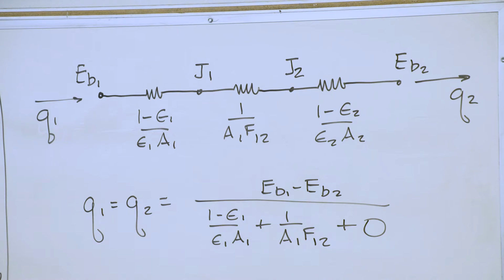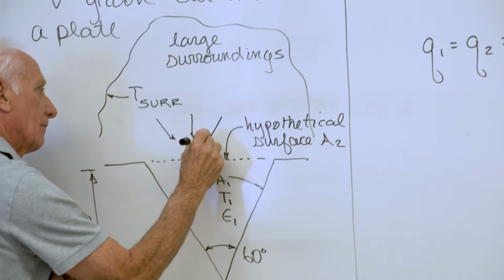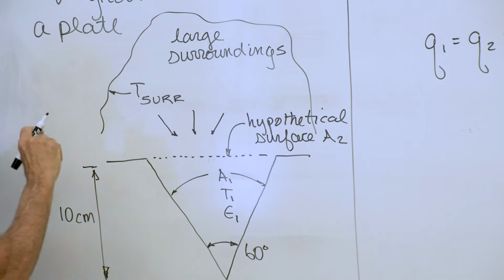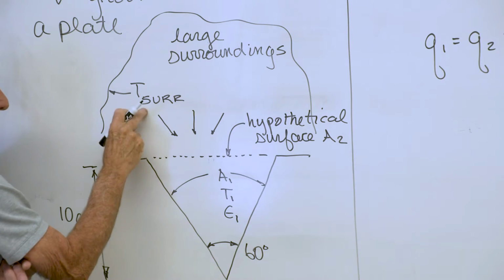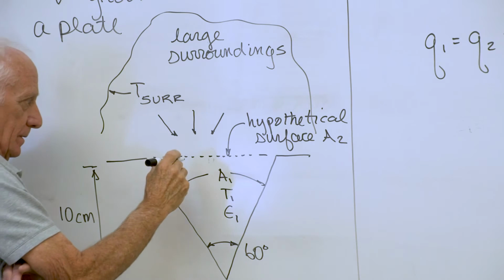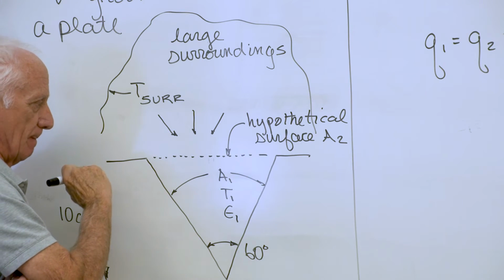okay, now here's what we assume. We know from back in chapter 12, if we have some small surface in a large enclosure, the radiation approaching that surface from the large enclosure appears to be black body radiation at the temperature of the walls of the enclosure, T surroundings. So that's what's coming in here from the large surroundings.